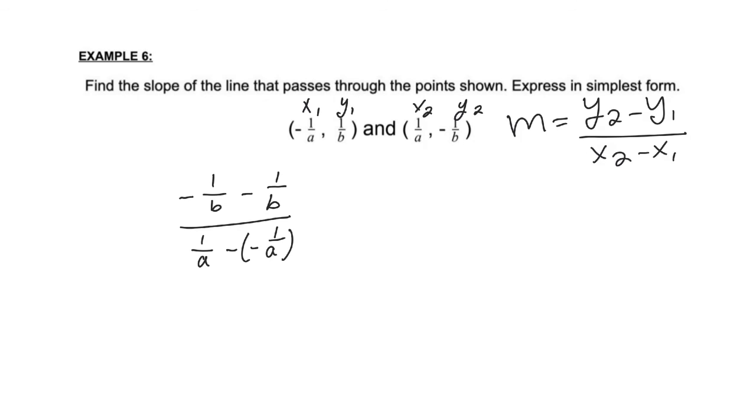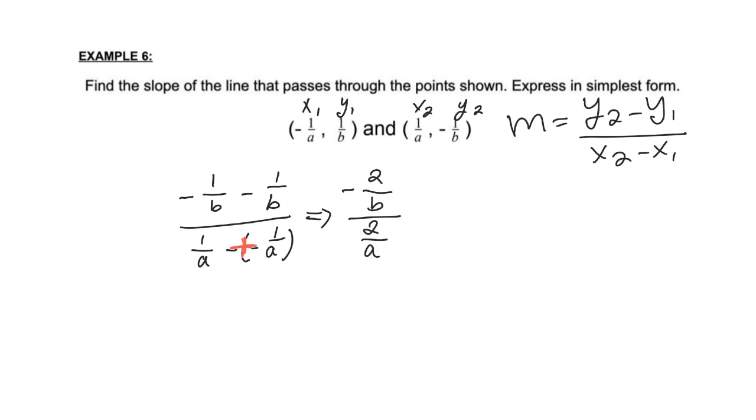All right. So then let's clean this up. The denominators in the numerator are the same. Negative 1 minus 1 is negative 2 over b, all over, and then we know minus a negative changes to plus, so we get 2 over a. Okay. Now, we cannot have a fraction in our denominator. We see this is sort of a division problem.